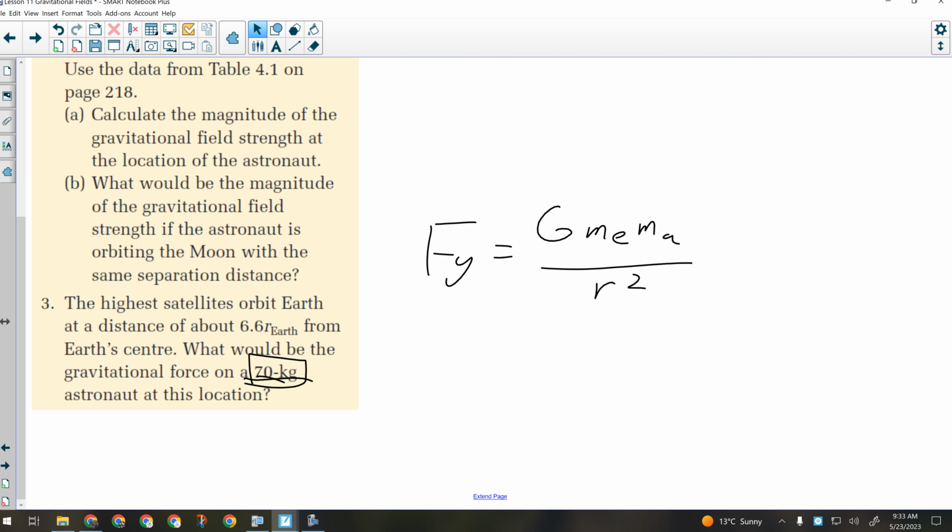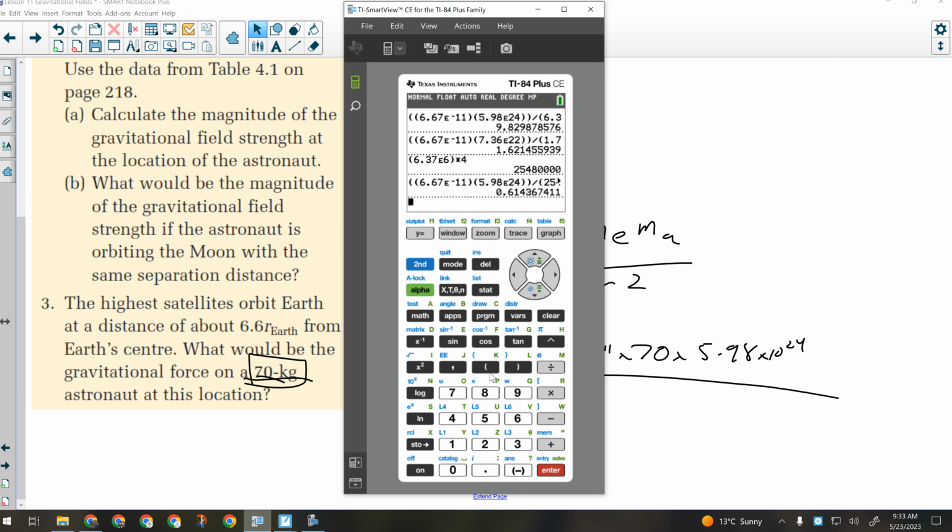So if we're doing this one, it's just 6.67 times 10 to the minus 11 times 70 times 5.98 times 10 to the 24, divided by whatever 6.6 times the Earth's radius is.